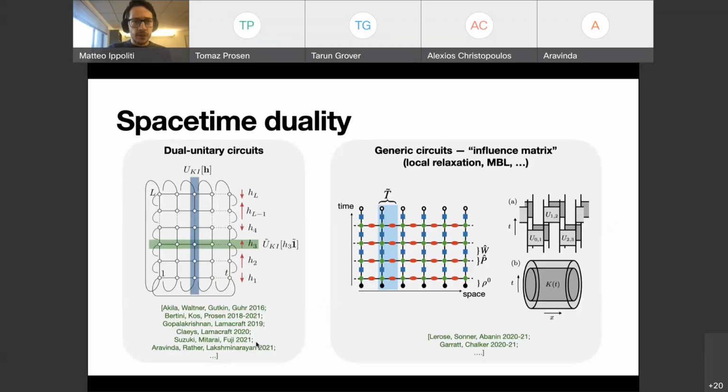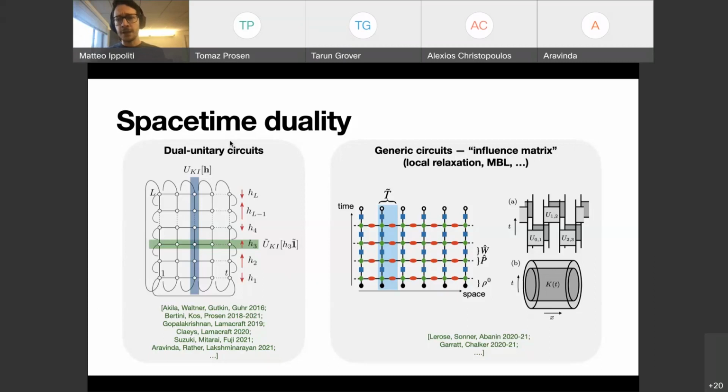So the idea that we follow is to use space-time duality, which I'm sure we're all familiar with in this particular workshop, but was introduced with different goals in mind. On the one hand, looking at these dual unitary models, where you have a unitary evolution and its space-time dual is also unitary, affords you a great deal of analytical control and lets you address questions in quantum chaos and thermalization.